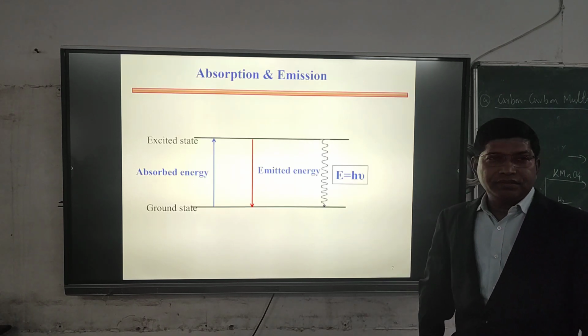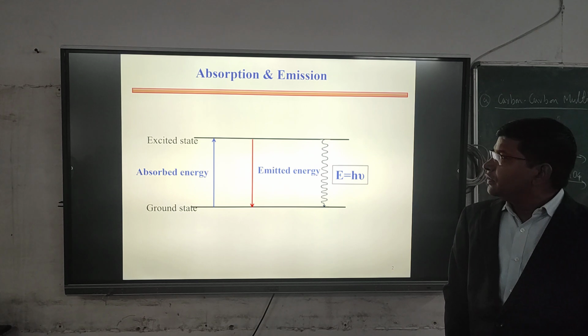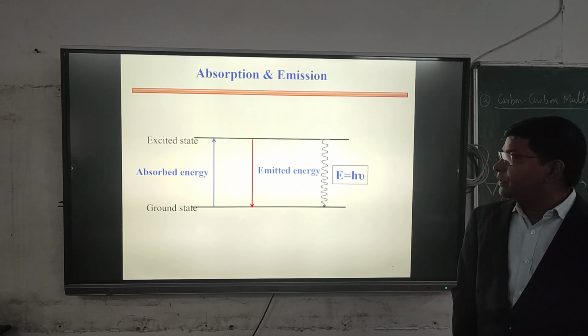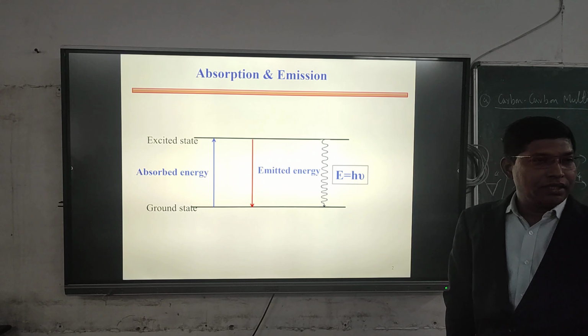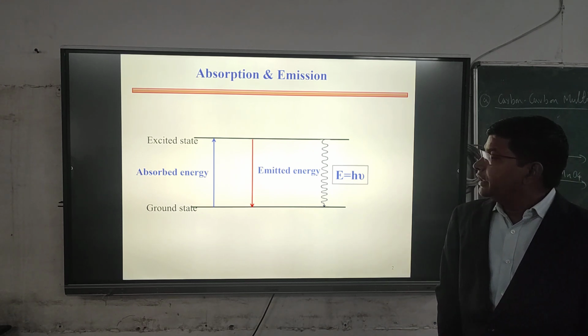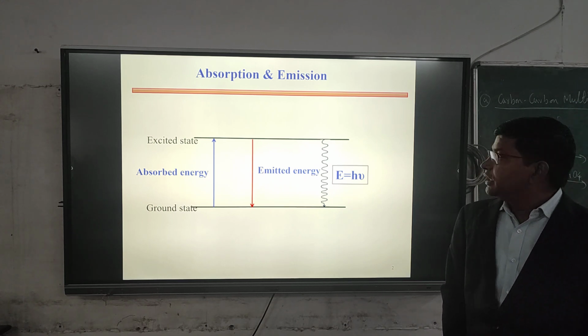So as we know, in atomic absorption spectroscopy, AAS, we measure the absorbed light by the atomized atoms over the flame.